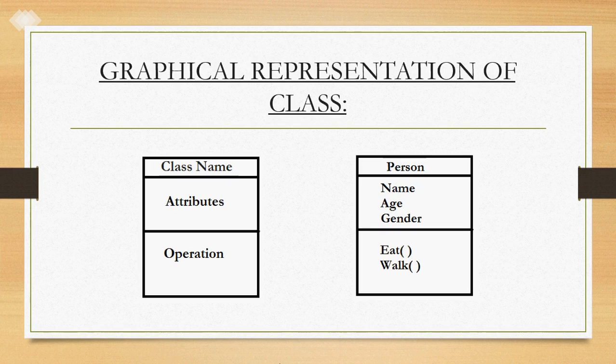And operations are the behavior of an object, meaning the behavior of a person, like eat, walk. Obviously a person can eat, walk, sing, dance, whatever. So in the above portion, first we write the class name, then its properties, and then its operations, meaning the methods that describe its behavior. Okay, this is all about the class.